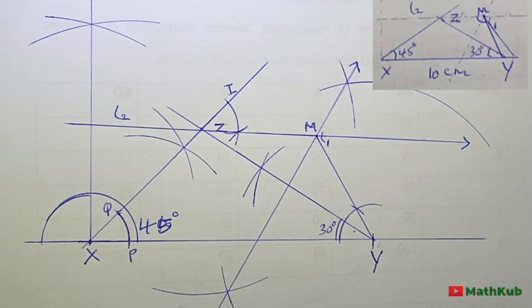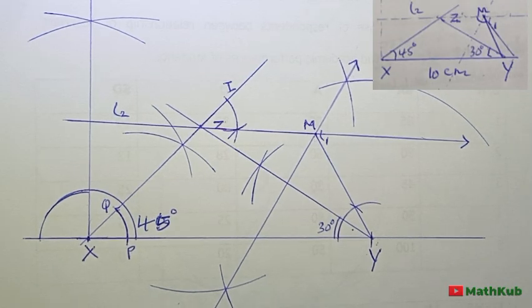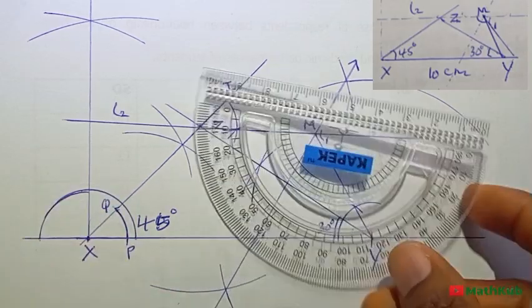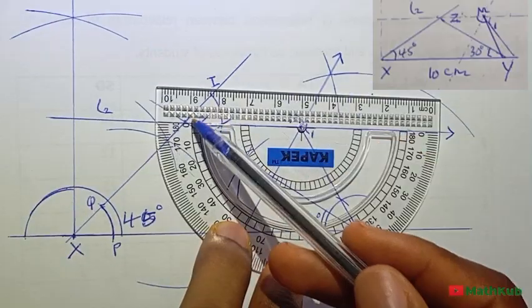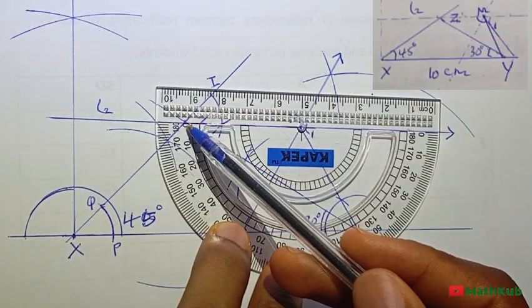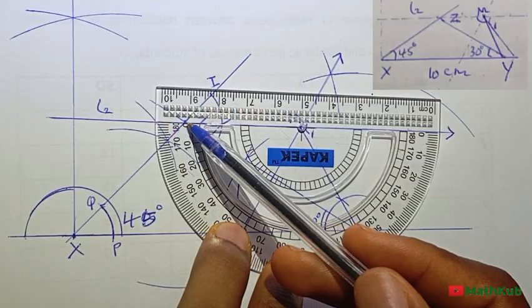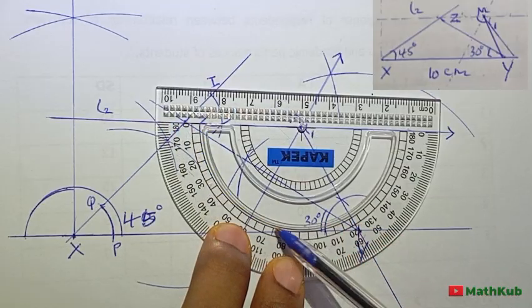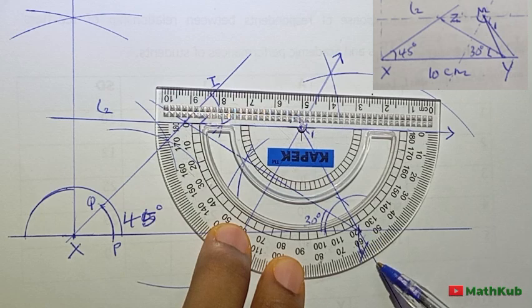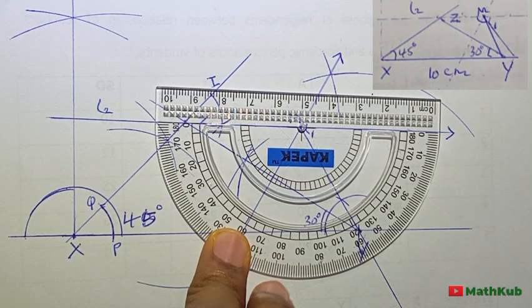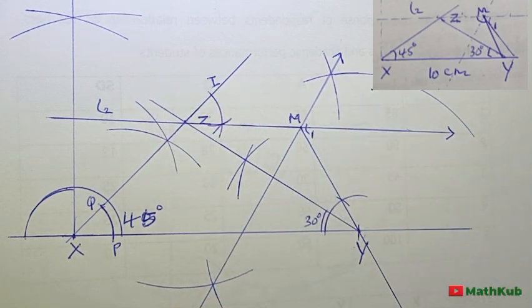Then you have to use a protractor to measure angle ZMY. So we place our protractor here. We are measuring from 0 degrees, so we are not starting from 180, we are starting from 0. So we count to where this line is, at here is 120, so 121, 122. The angle is 122 degrees.